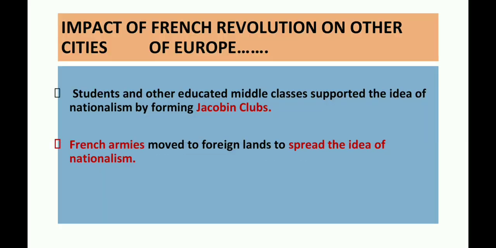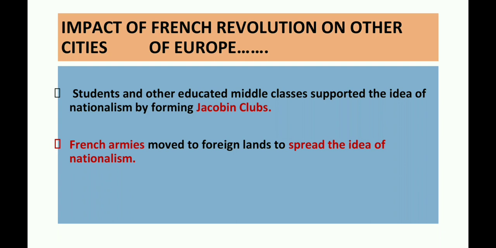So, the impact of the French Revolution in other parts of Europe was like this. Students and the middle classes formed Jacobin clubs in many European countries.